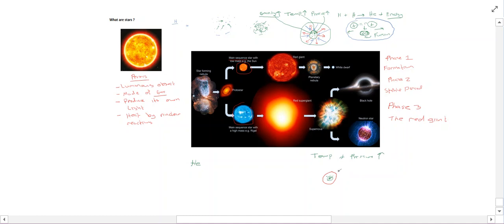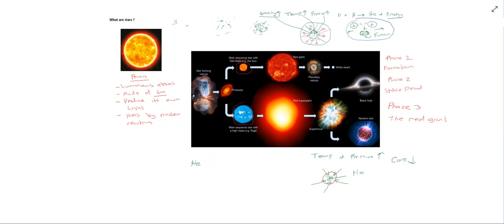Gravity is pulling everything in towards this dense core. So you have this inner core of helium, which is a bigger and denser element, and as a result the radius of the core decreases. The core starts to shrink because it's being compressed together more.